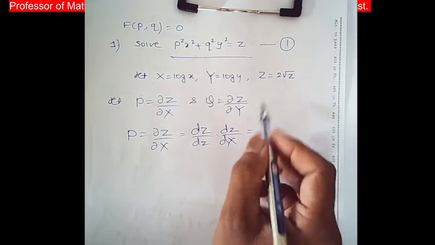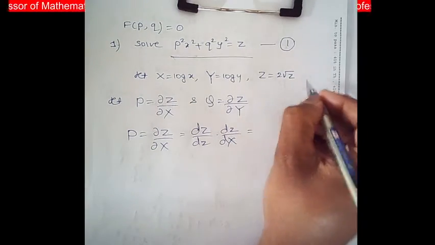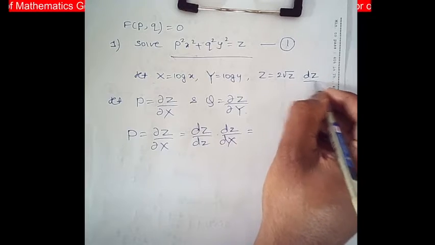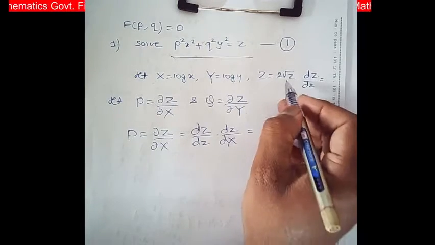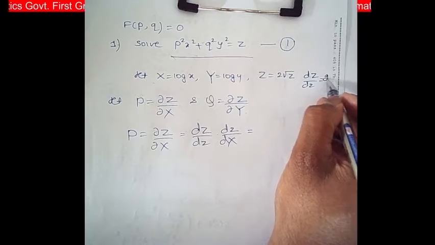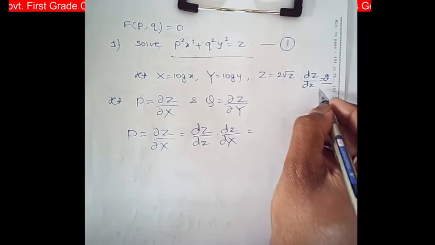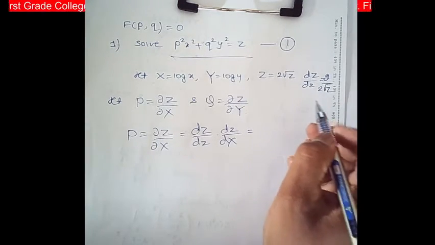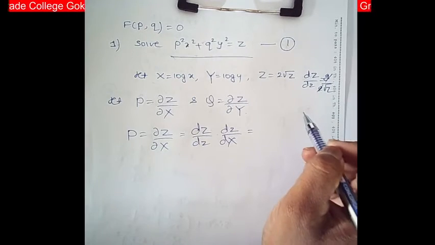So what we obtain from this equation, d capital Z by d small z is equal to, this 2 is constant, differentiation of root z is 1 by 2 root z.